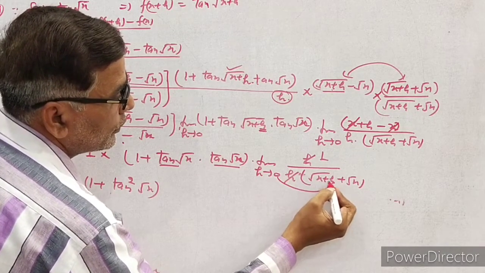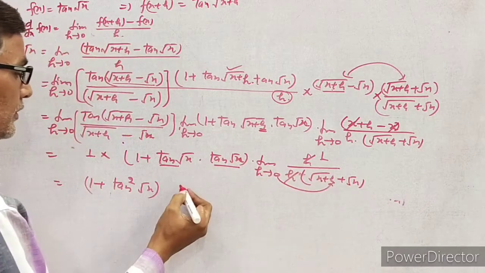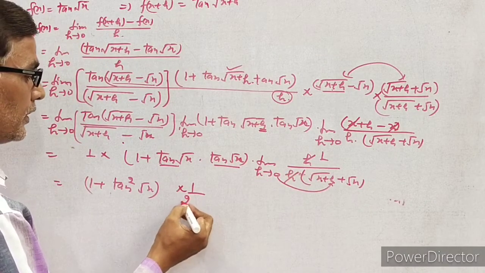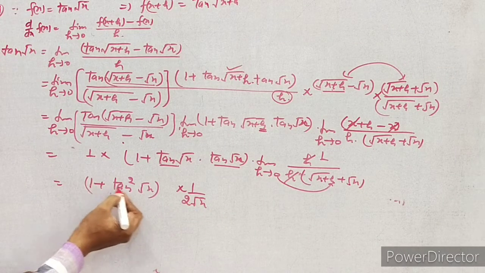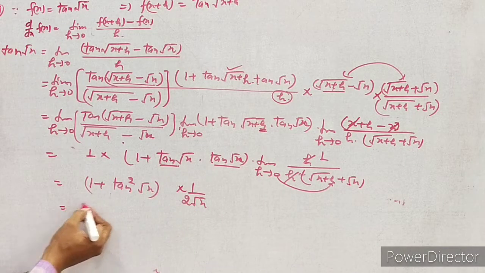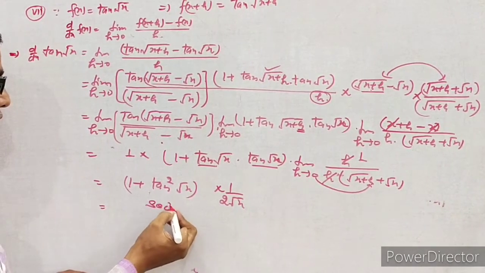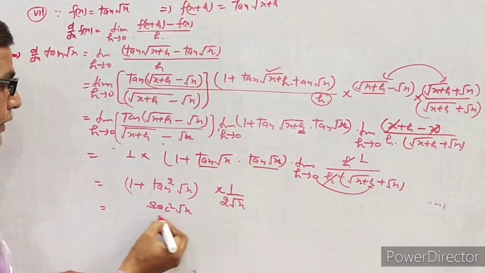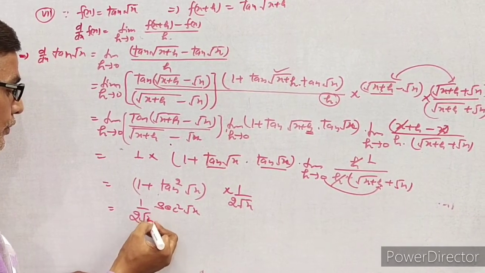Root of (x plus 0) plus root x becomes 2 root x, so 1 upon 2 root x. As we know, 1 plus tan squared theta becomes sec squared theta, so we can write here sec squared root x into 1 upon 2 root x.